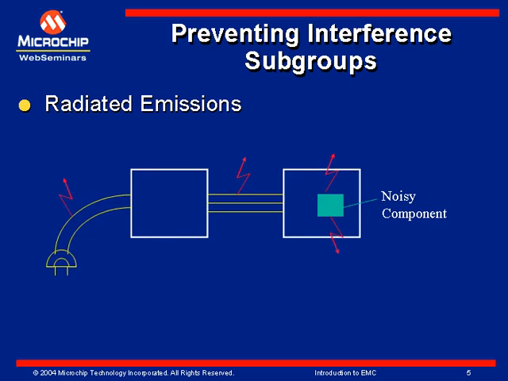Now, if you look at some of those subgroups in a little more detail, the first one is emissions, in this case radiated emissions. What we have is a noisy component that's generating all the radiation. Then depending on the environment, you may have another receptor that is susceptible to that noise.